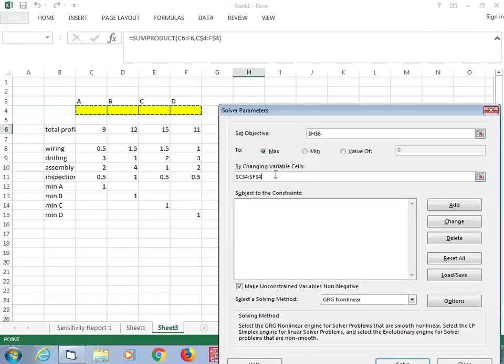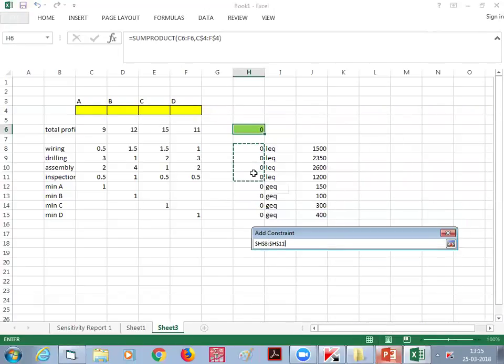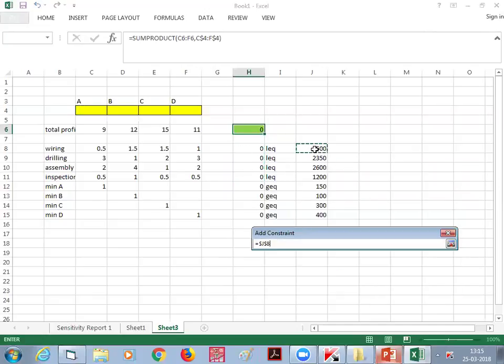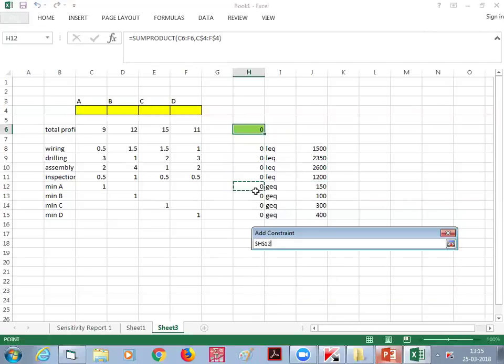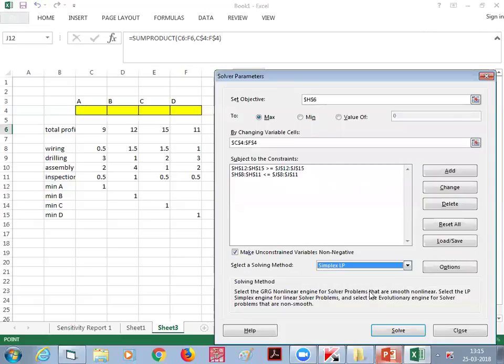These are the variables A, B, C, D. Now, the first 4 constraints are less than or equal to type. Left-hand side, less than or equal to right-hand side. Next 4 are greater than or equal to these 4 right-hand sides here. Very simple, no? And of course, simplex.